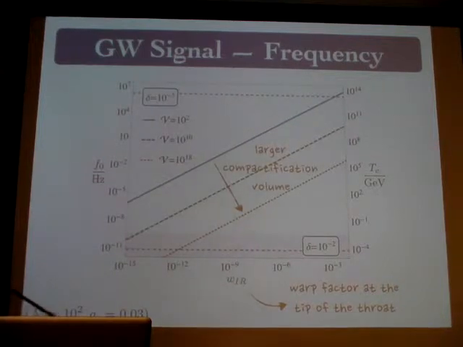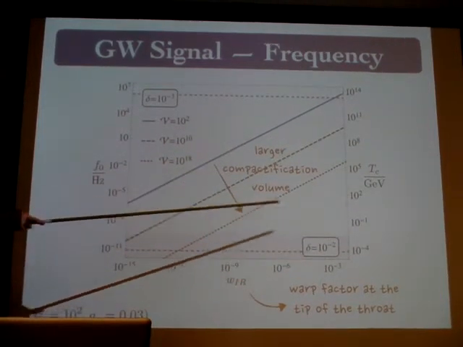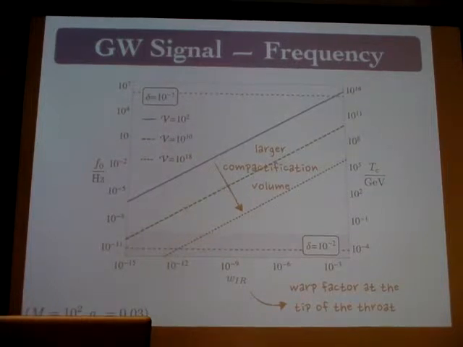Similarly, as the volume of the compactification becomes larger, this basically means that the string scale is smaller, your fundamental scale is smaller, so you need to wait for a lot longer. You need to wait for the temperature to drop more for your nucleation probability to become order 1.